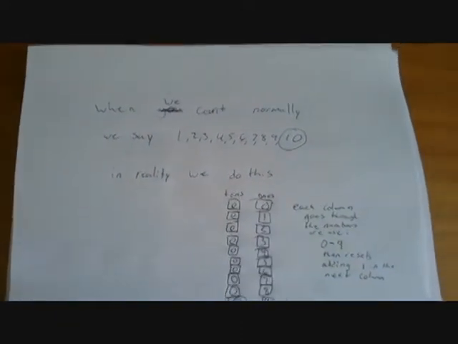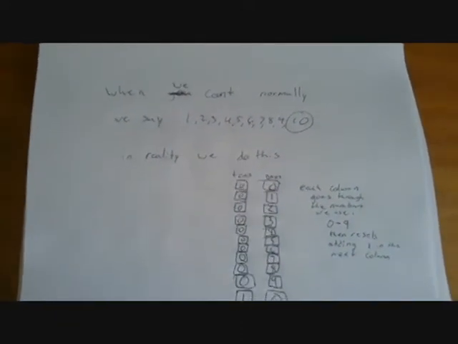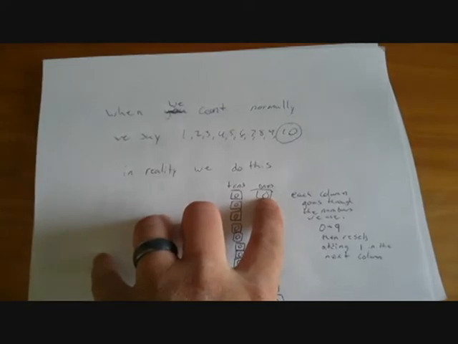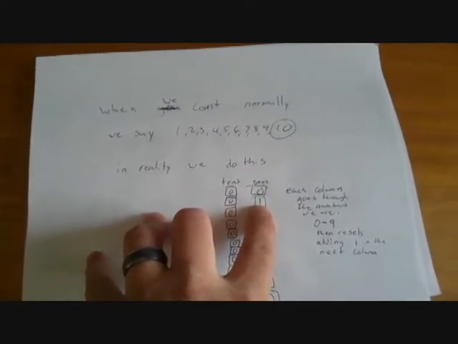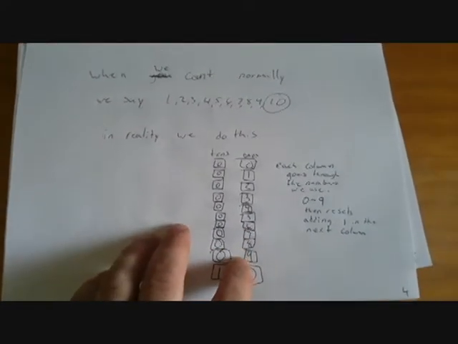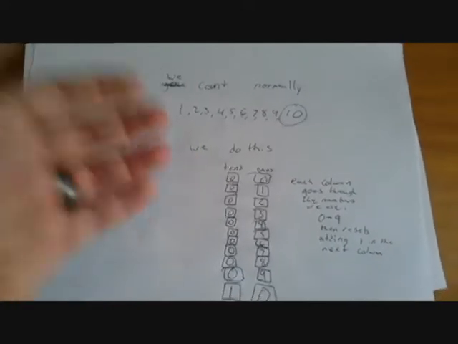Counting normally, we say 1, 2, 3, 4, 5, 6, 7, 8, 9, 10, 11, and so on. In reality, we do this. We start with 0 in the ones column and add 1, 2, 3, 4, 5, 6, 7, 8, 9. We're adding 1 to the ones column each time.